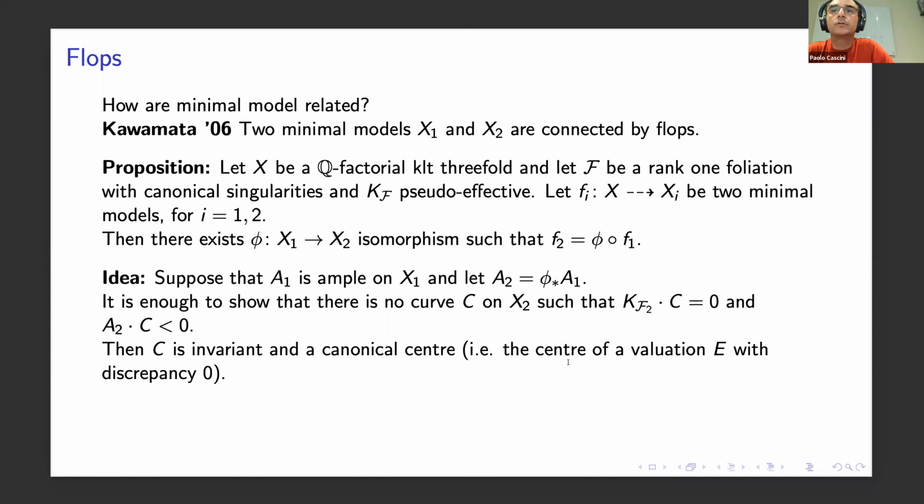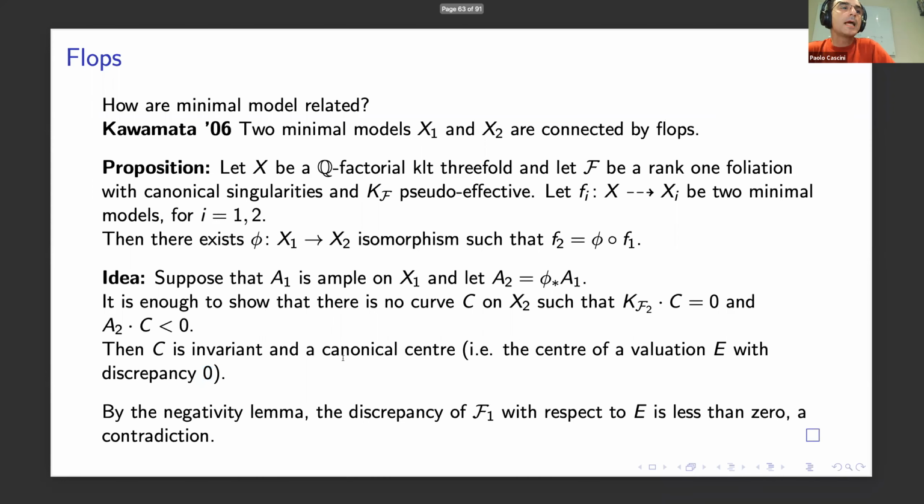It means that there is a valuation which has discrepancy equal to 0, so the coefficient we were seeing before is equal to 0, and the center is equal to C. Now, by the negativity lemma, if X1 and X2 are not isomorphic, and since we're assuming this, the discrepancy of F1 with respect to E is less than 0. But a canonical foliation means that all the discrepancies must be greater than or equal to 0. And so this is the end of the proof.